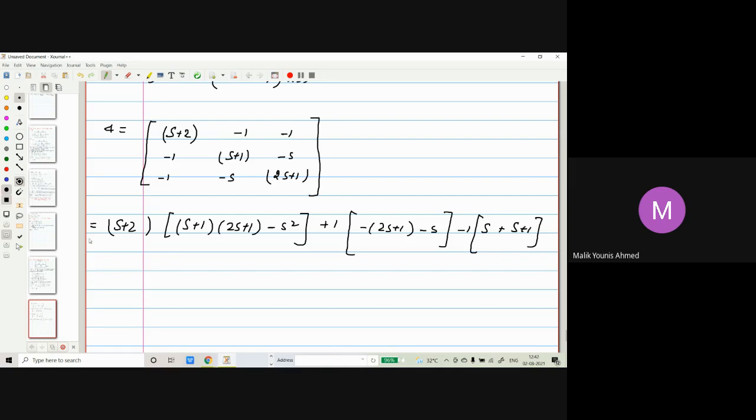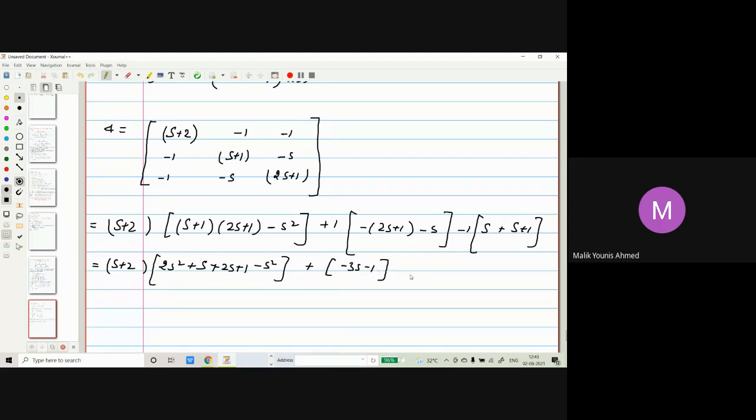So let us simplify this. s plus 2, we can simplify this here. So this will be 2s square plus s plus 2s plus 1 minus s square. Here we have 1, no need to write this, minus 3s minus 1.